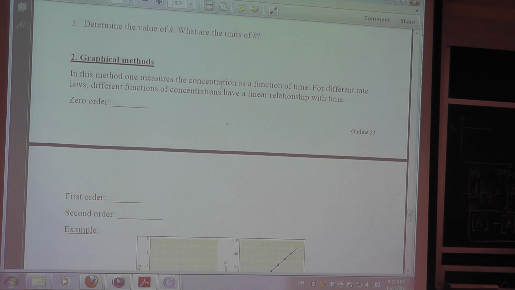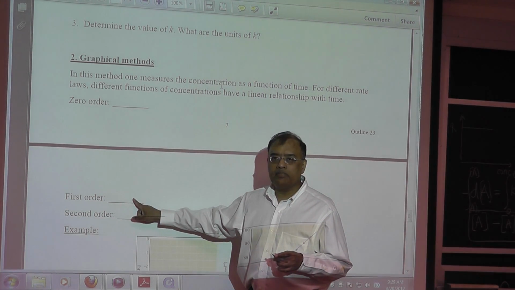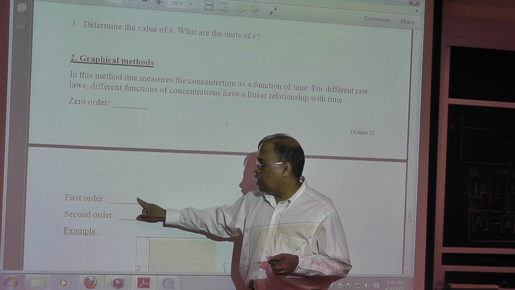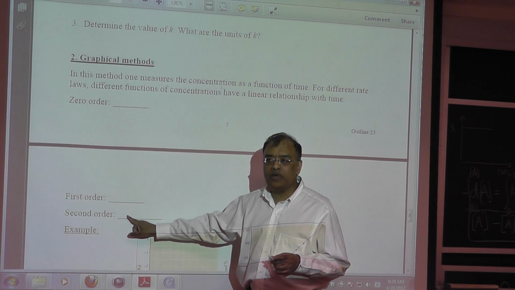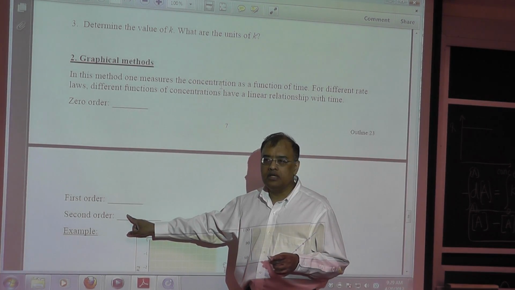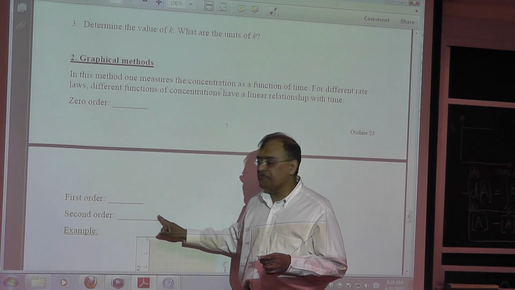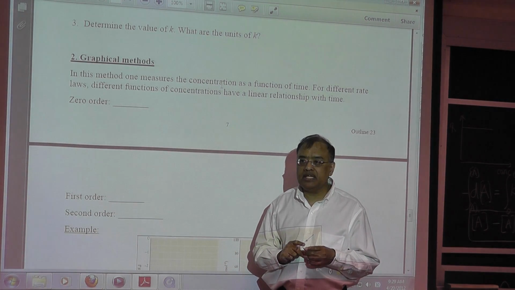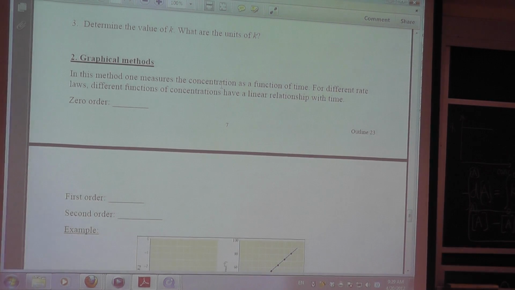For a first order reaction, what did we have to plot on the y-axis versus time? The natural log of concentration versus time. For a second order reaction, what did we have to plot on the y-axis? 1 over the concentration versus time. So you try these 3 different possibilities, and whichever gives you a straight line is going to be the right rate law.